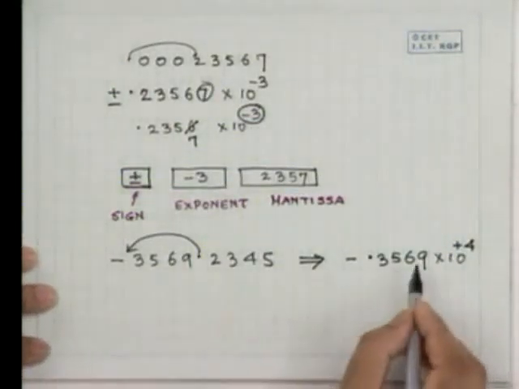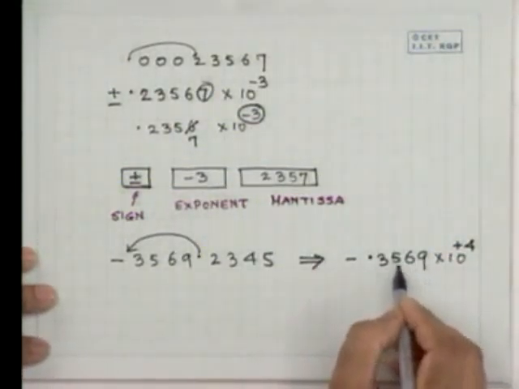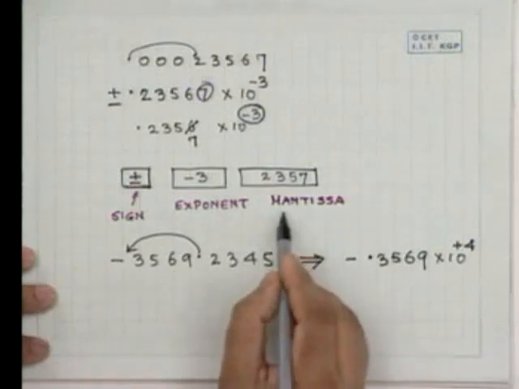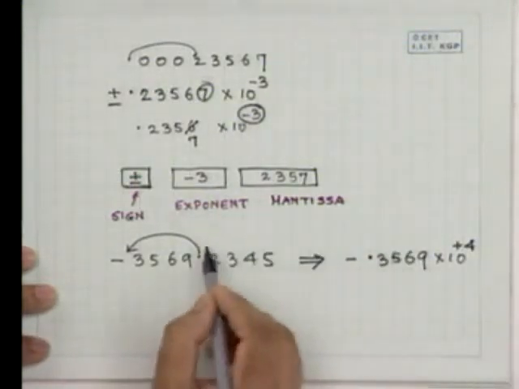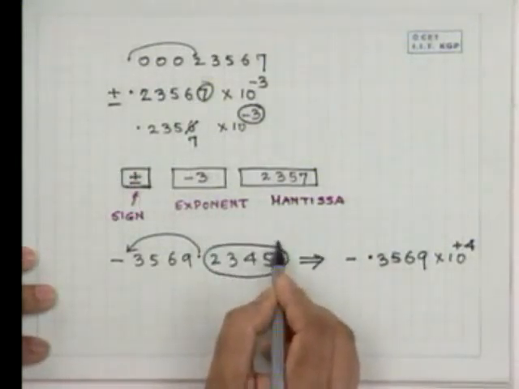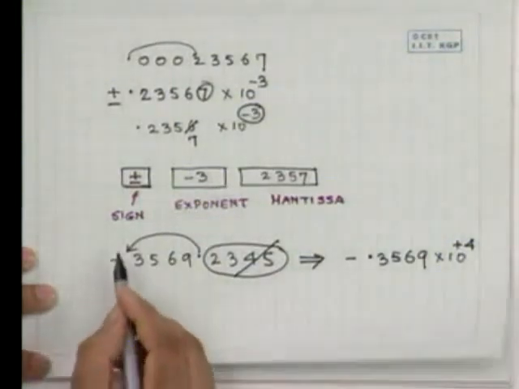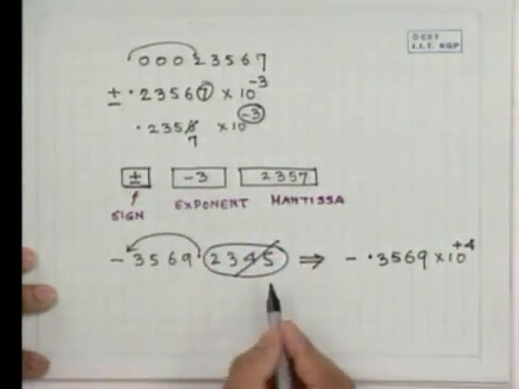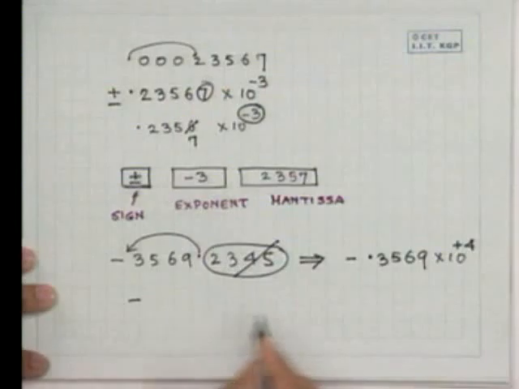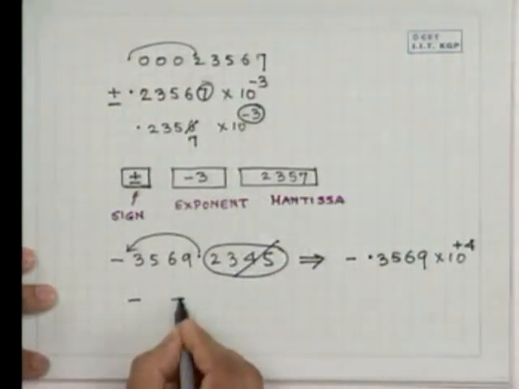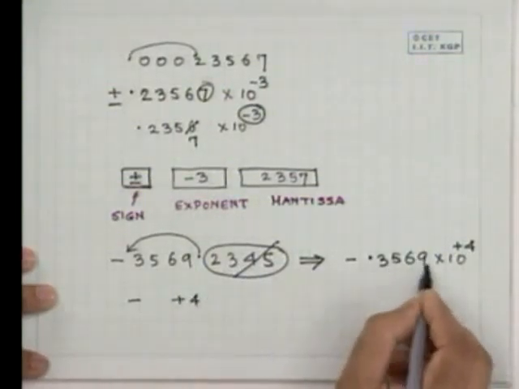Since we have only 4 positions for keeping the mantissa digits, the other digits have to be rejected. Therefore, in this form, our number will be minus, the exponent is plus 4, and the mantissa is 3569.